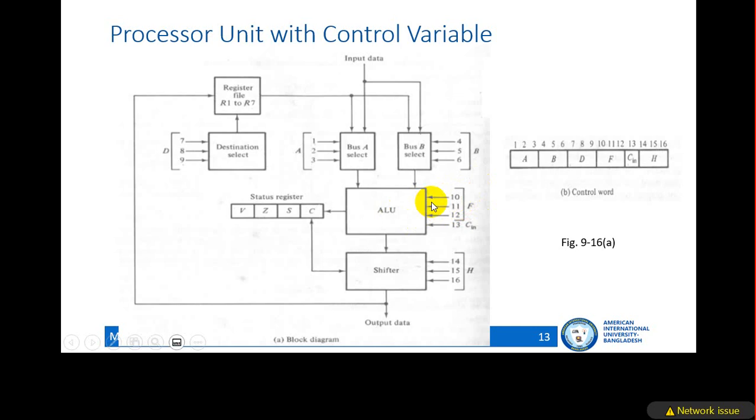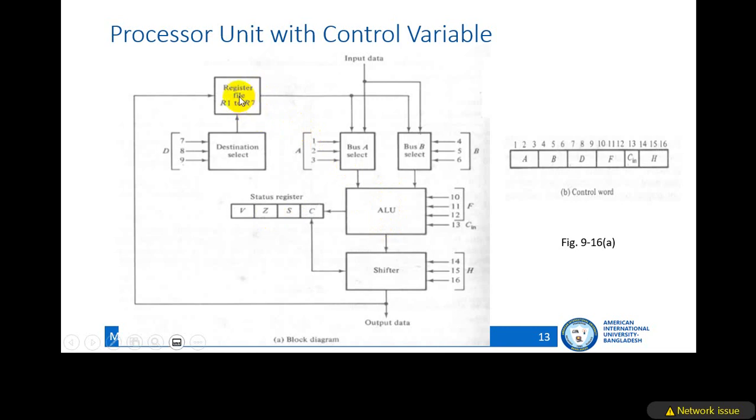Then pins S0 and S1, they are the function select pins, and this is the carry in pin. By using this ALU, we can perform 8 different arithmetic operations and 4 different logic operations. The design of this ALU we have seen in our last class. Now we'll see the complete picture, how it gets performed inside the CPU. The entire picture.